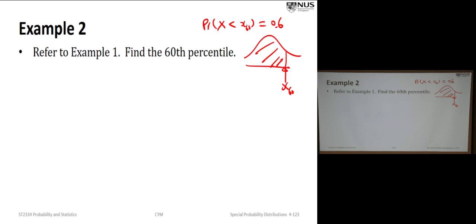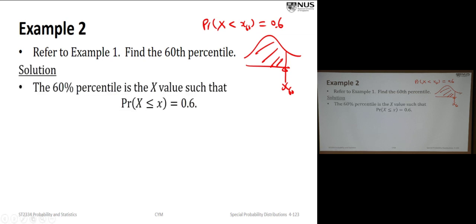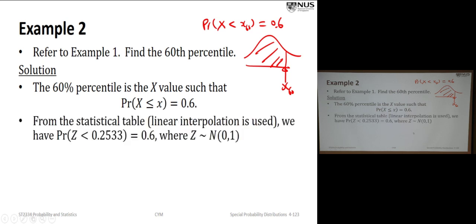So we are looking for the 60th percentile. That means we want to find this x such that the probability is equal to 0.6. So we standardize it. It's equivalent to finding a value that is 0.2533 in a standard normal.